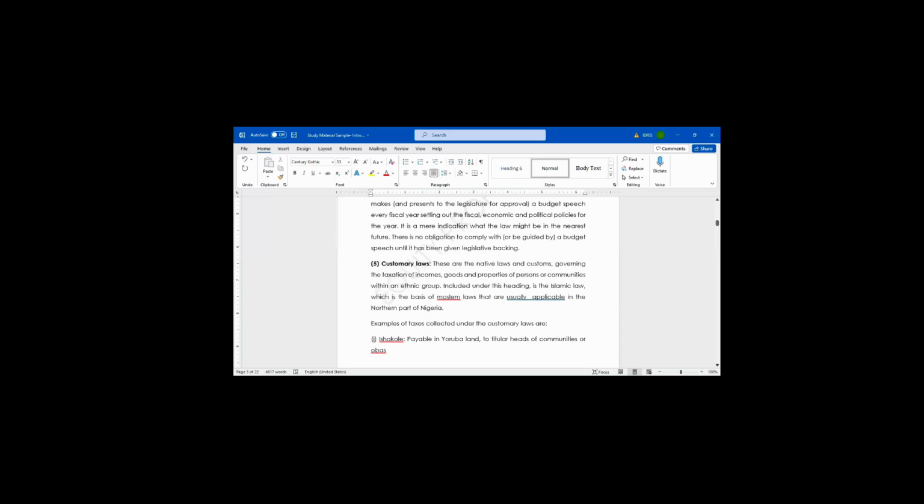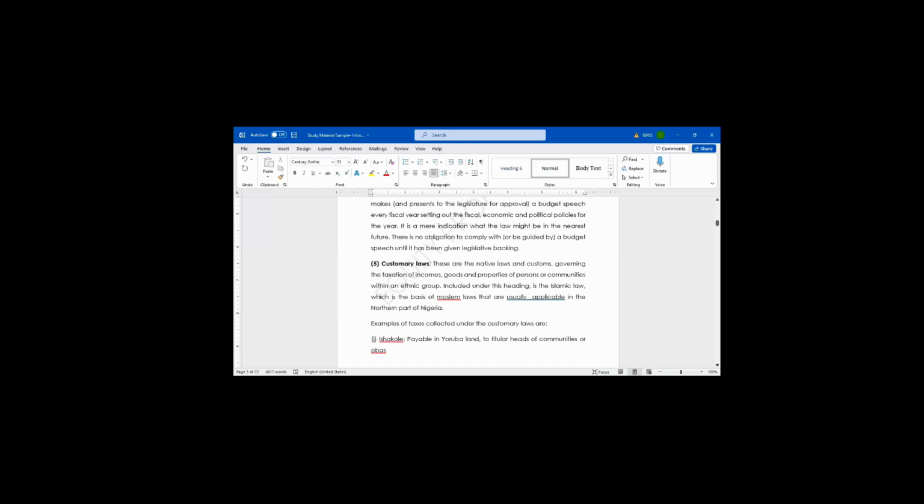In the olden days too, they normally collected tax. If you look at it from the angle of religion, Islam talks about tax, Christianity talks about tax. In some areas, 'give to Caesar what belongs to Caesar' is talking about tax. In Islam too, when we talk about zakat, it's talking about tax.